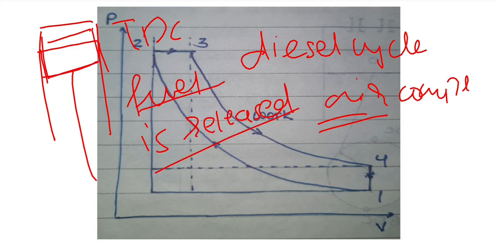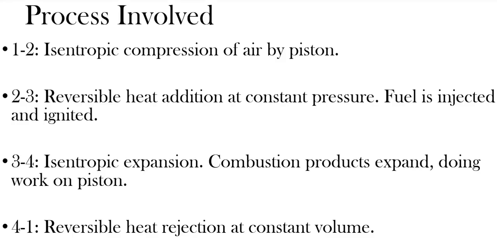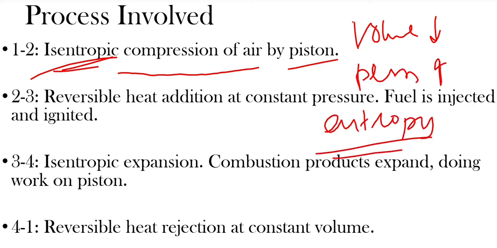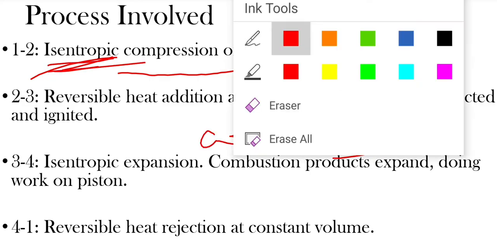See here, isentropic compression of air by the piston. Why isentropic? Because the volume is decreasing and at the same time pressure is increasing, so the entropy remains constant, and hence the process becomes isentropic.